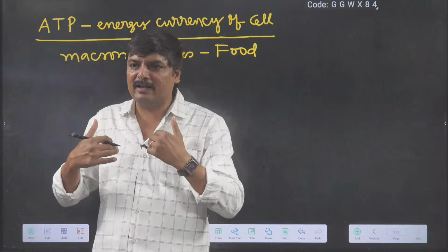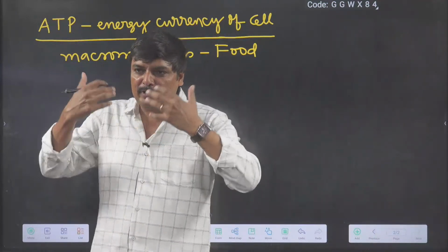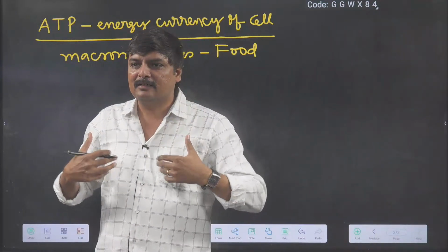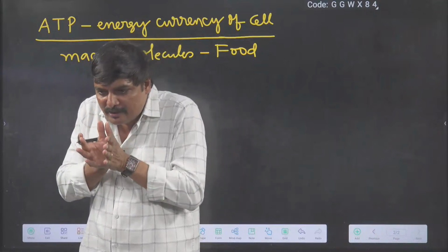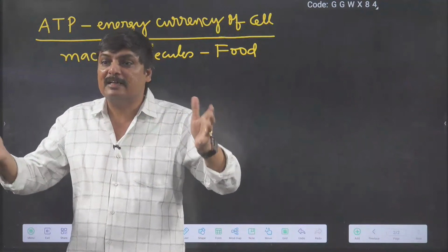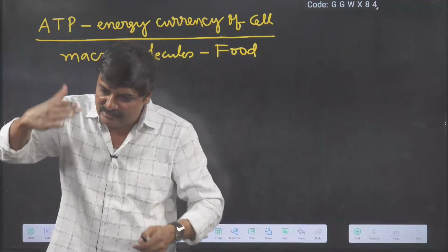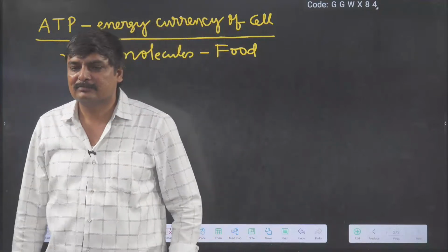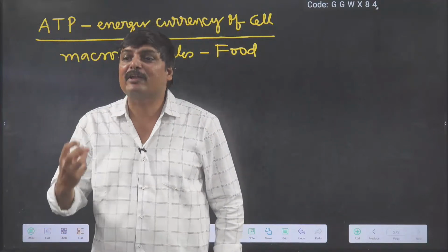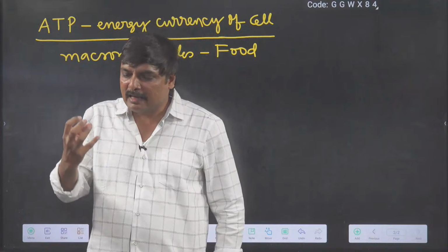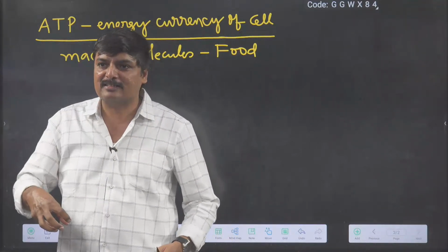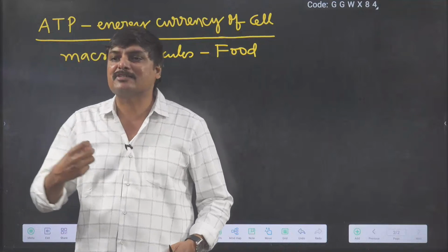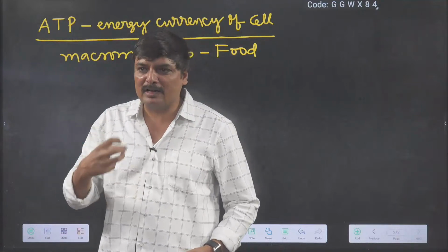We eat food material, the food is digested, then it is converted into simple molecules like glucose. This glucose enters into the cells. In the cells, the food is oxidized with the liberation of energy. The energy liberated during this process within the cells is not utilized totally.